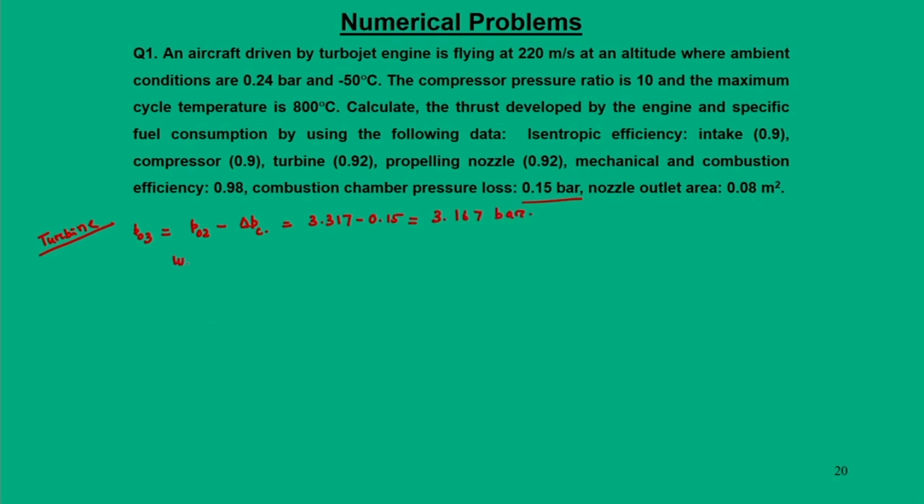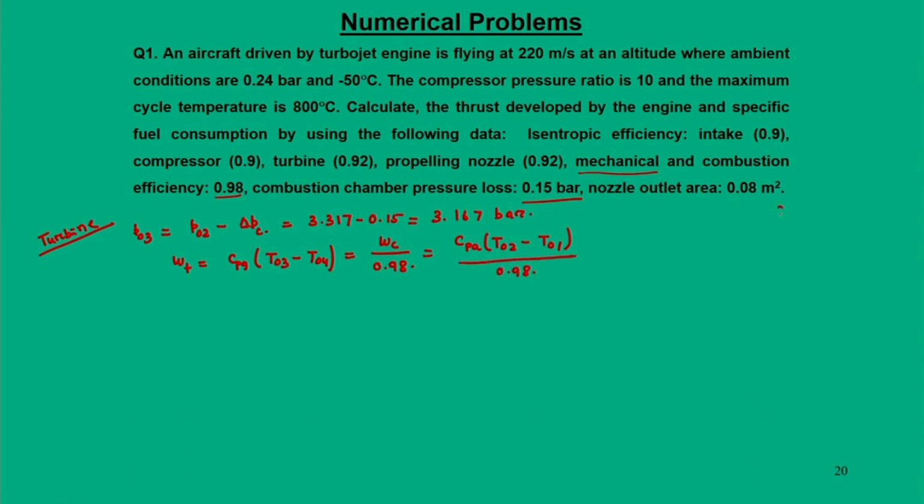And also turbine work is CPG times (T naught 3 minus T naught 4), and that is nothing but compressor work divided by 0.98, by involving mechanical efficiency as 0.98, and this compressor work can be written as CPA, that is (T naught 2 minus T naught 1) divided by 0.98.